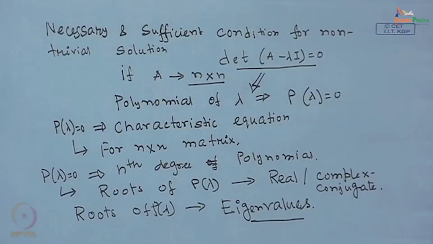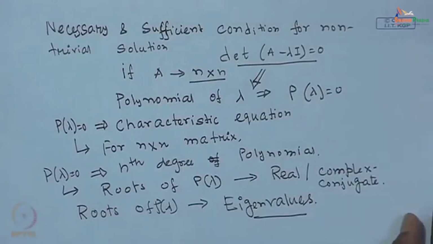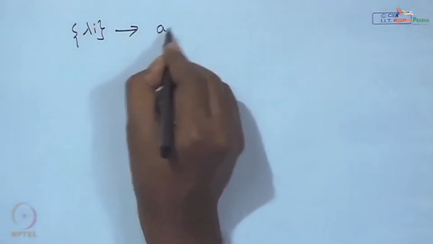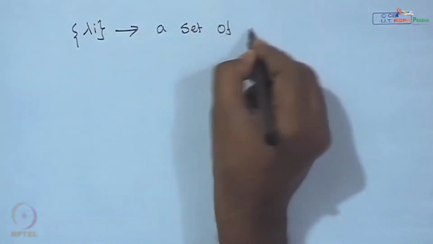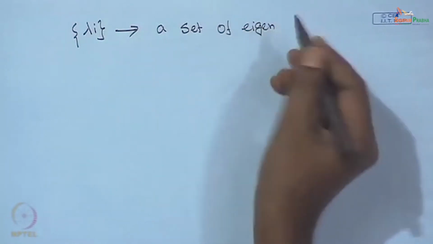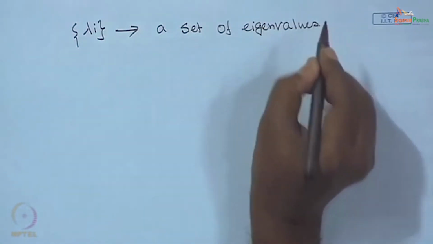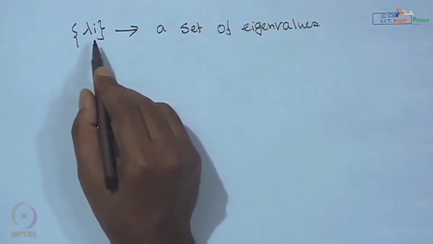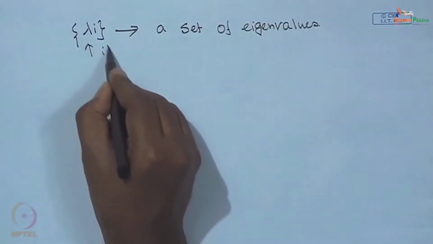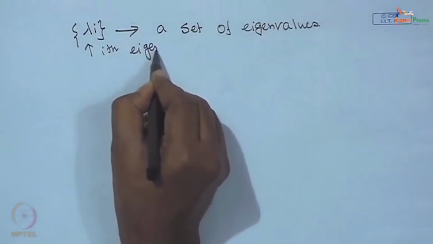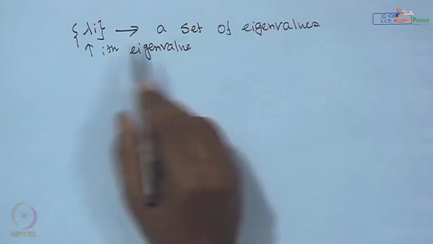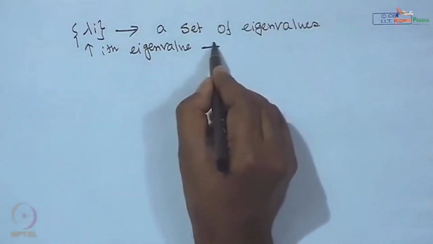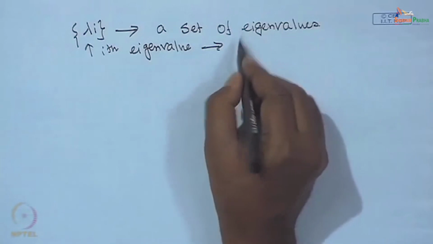These are the eigenvalues of the system, and the solution corresponding to an eigenvalue is called an eigenvector. Suppose lambda i is a set of real valued or complex valued eigenvalues, where lambda i is the ith eigenvalue. Corresponding to the ith eigenvalue, the corresponding solution is known as the ith eigenvector.